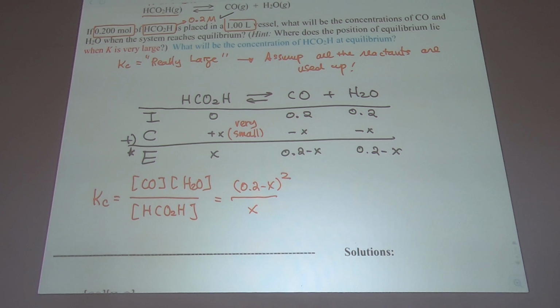Even though this is a mathematically defined one, now you have to use your insight to approximate. This is the key of the chemistry portion, because you will see that in a lot of courses down the road in college, there's a nice approximation that makes your life easy. This is an ugly term, a quadratic term, but I know 0.2 minus x is not so different from 0.2, since x is very small.